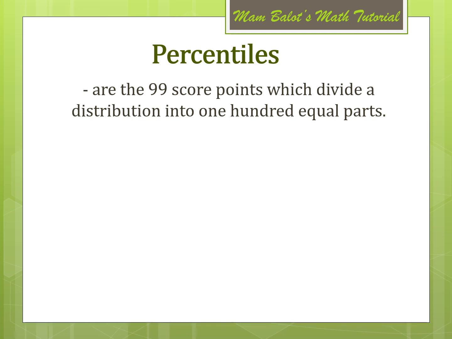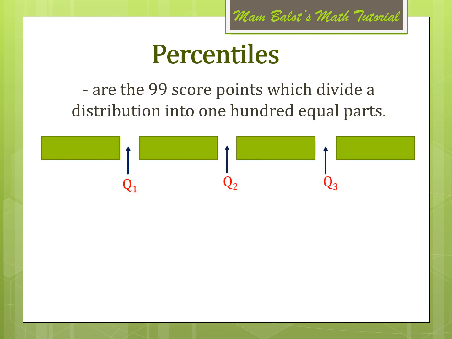If we relate percentiles to the quartiles, the first quartile is equal to the 25th percentile. The second quartile is equal to the 50th percentile, which means 50% of the data are below it and 50% are above it. And the third quartile is equal to the 75th percentile.